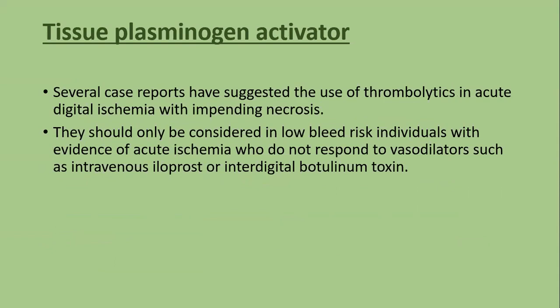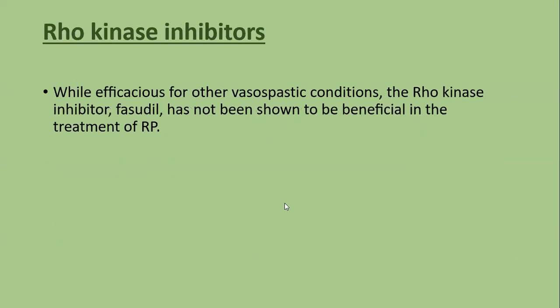Tissue plasminogen activators. Several case reports have suggested the use of thrombolytics in acute digital ischemia with impending necrosis. They should only be considered in low bleed risk individuals with evidence of acute ischemia who do not respond to vasodilators such as intravenous iloprost or interdigital botulinum toxin.